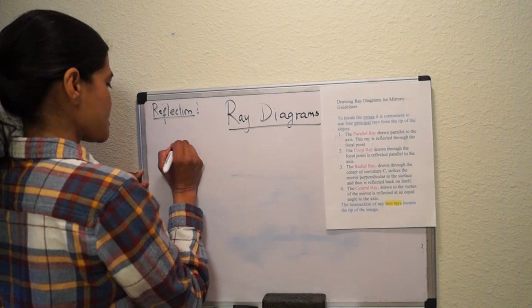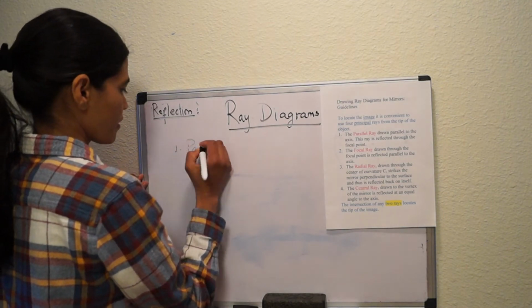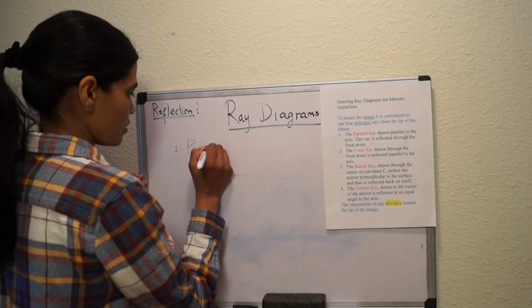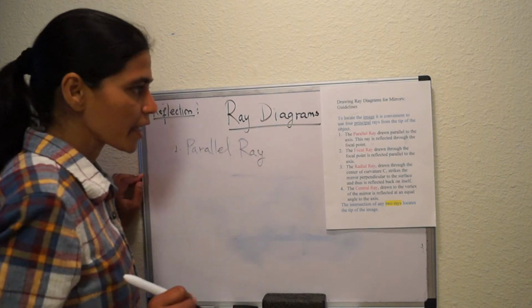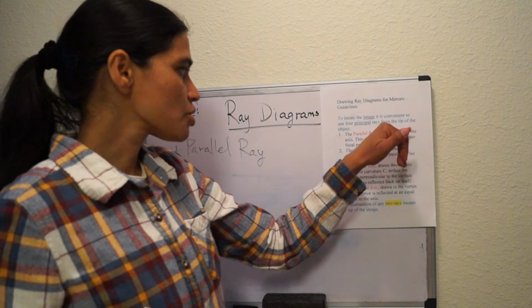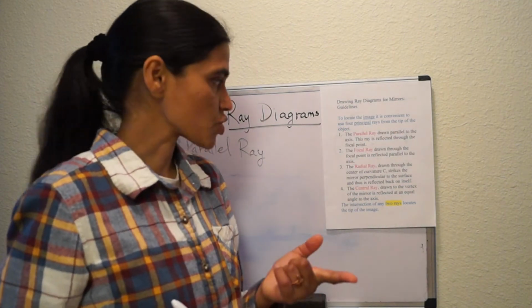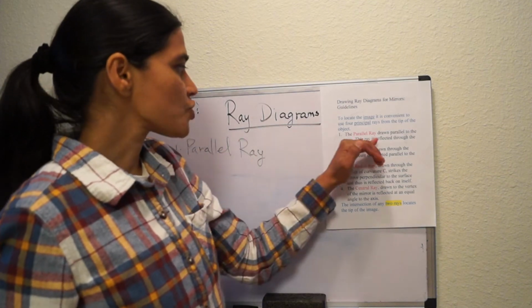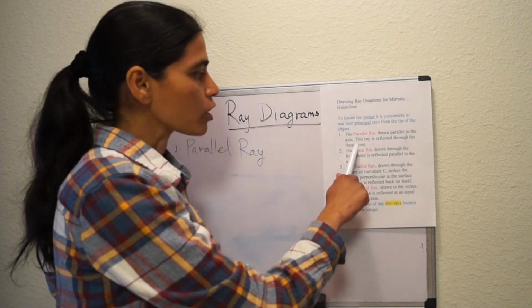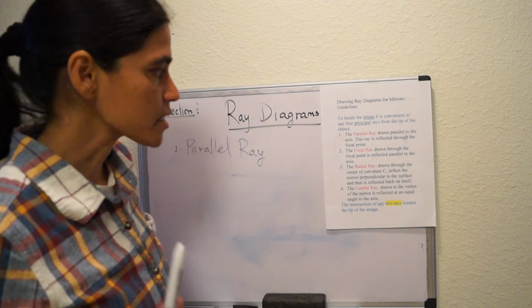So one is parallel ray. Parallel ray is drawn parallel to the optical axis, right? So whenever we draw a parallel ray, this ray is reflected through the focal point. We already saw that.